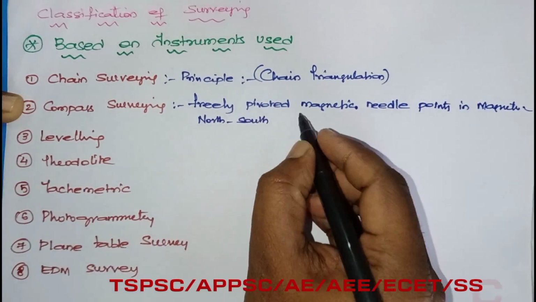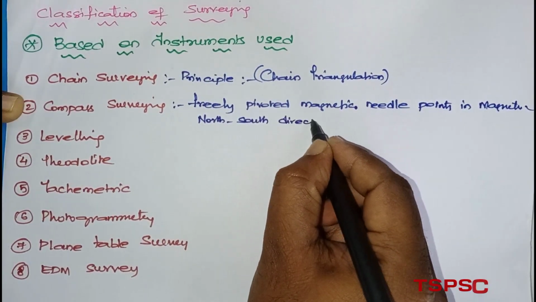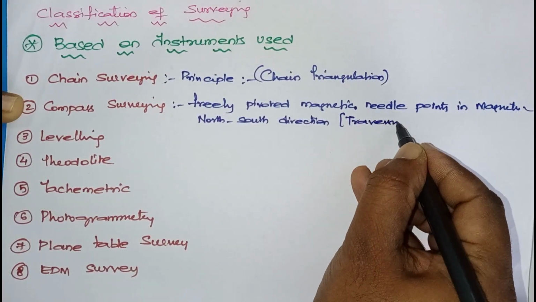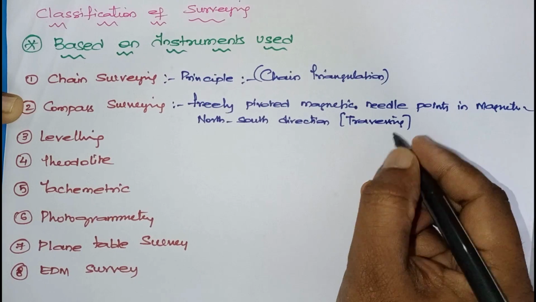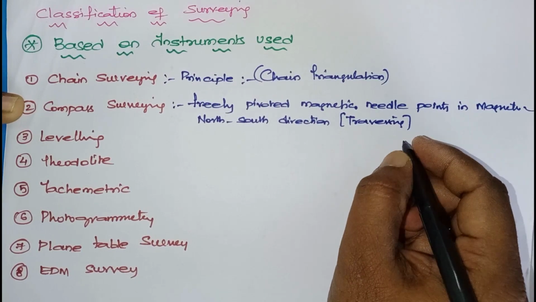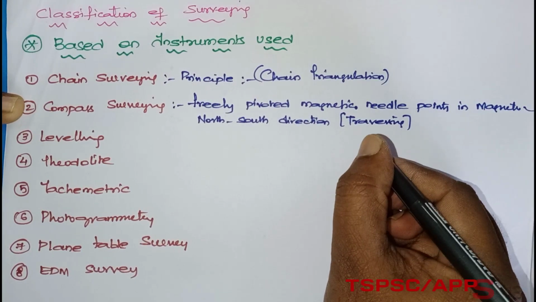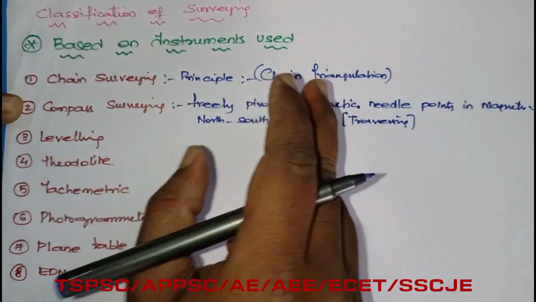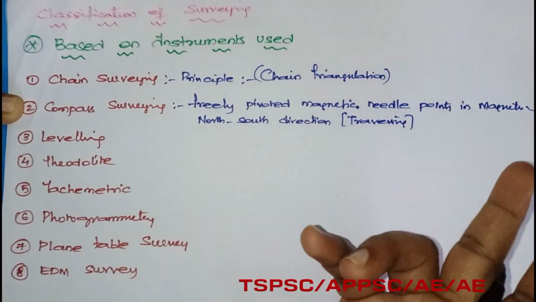Simply saying, the principle of compass surveying is traversing. What do you mean by traverse? Traversing means a series of connected survey lines forms one loop. That may be an open traverse or a closed traverse.